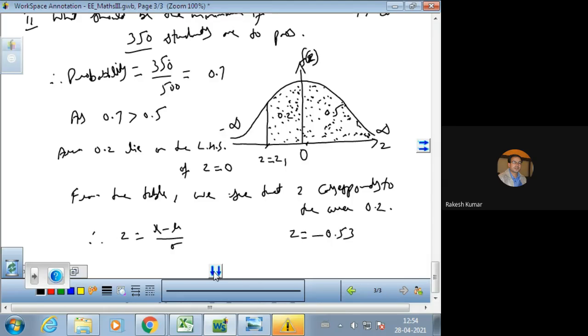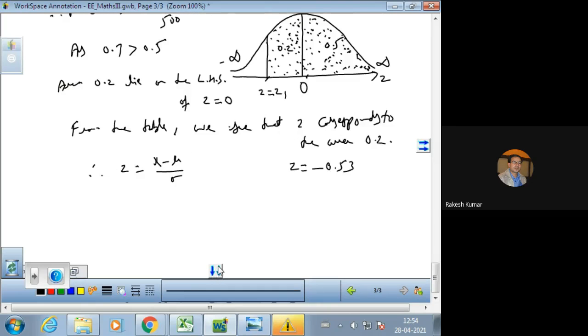This is the standard normal variable, and this is negative 0.53, and we will have x minus mean, 0.4, over 0.1, and you will be able to calculate x minus 0.4 is equal to negative 0.053.